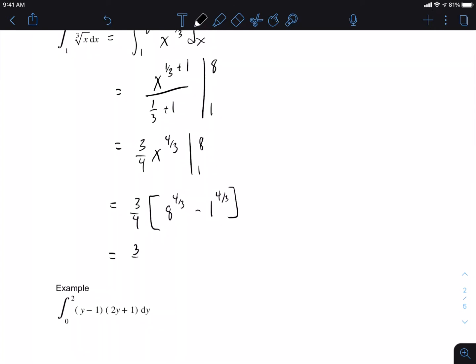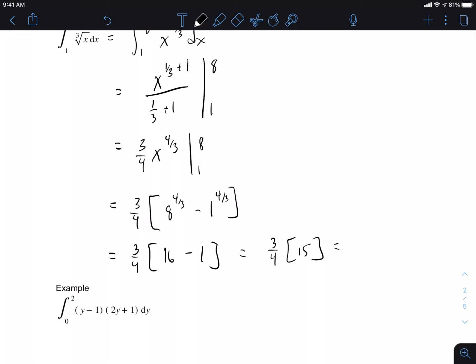That's going to give me 3/4. 2 to the 3rd, the 3 is going to go away. So 2 to the 4th is 16. Minus 1 is going to give me 3/4 times 15. Which is, what the heck is that? Is that right?